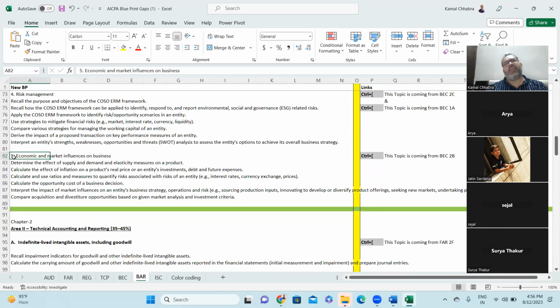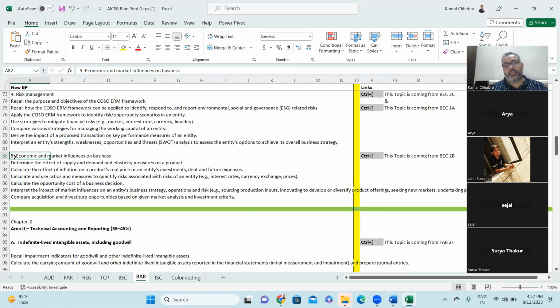Next topic would be economic and market influence on the business. When you do business, there are so many things which are not in your control. That can be a change in interest rate. For example, RBI has changed the interest rate. You cannot control that. Second is inflation or deflation. You cannot control this. For example, change in foreign currency prices is also beyond your control.